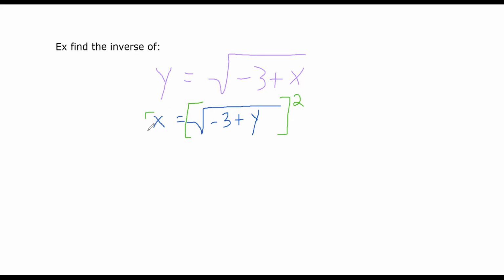And we're going to square this side. Leaving us with x squared on the left-hand side equals negative 3 plus y. The square and the square root cancel each other out. They're opposite operations, which makes perfect sense because we're taking the inverse. We're trying to find kind of the opposite function. And so it's kind of apt that we're going to be doing that.